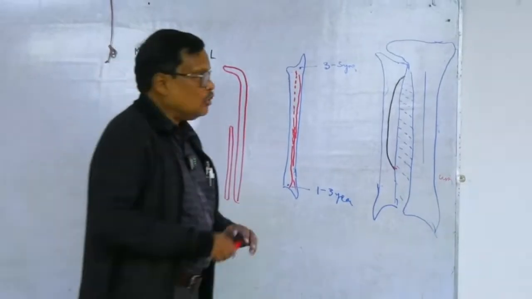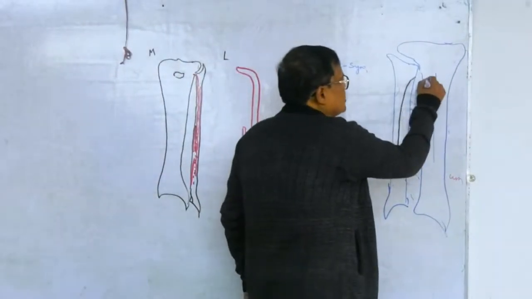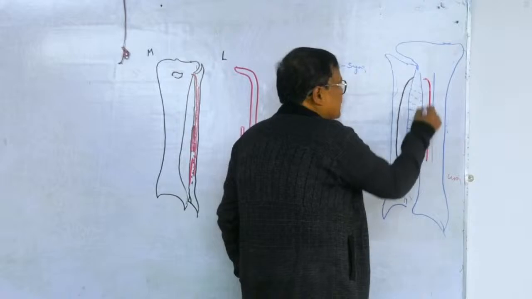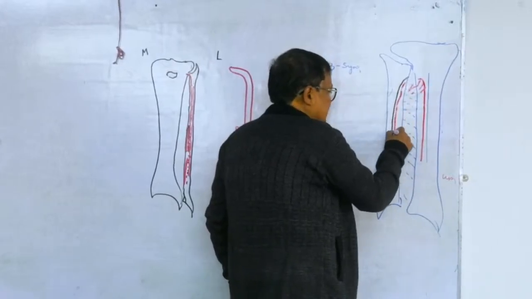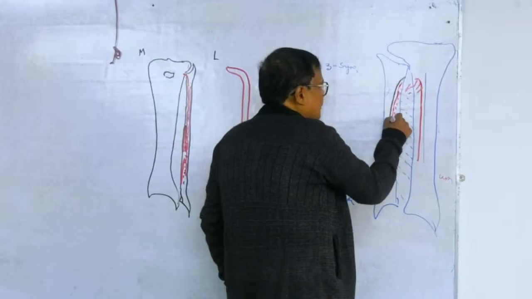Tibialis posterior takes origin from the lateral surface of the posterior part of tibia, from the interosseous membrane, also depressed area of the fibula in front of the medial crest.